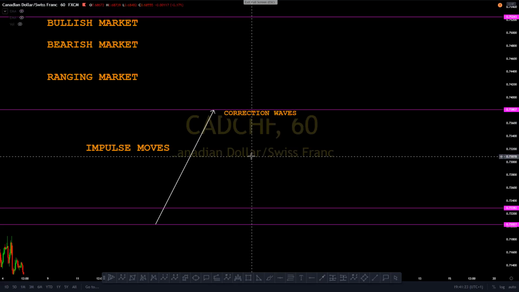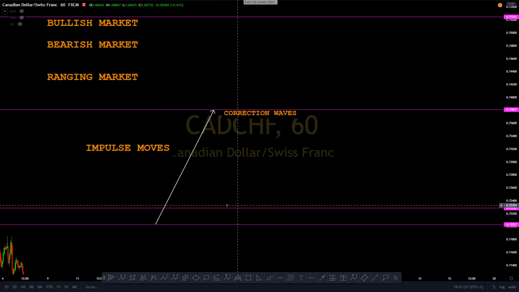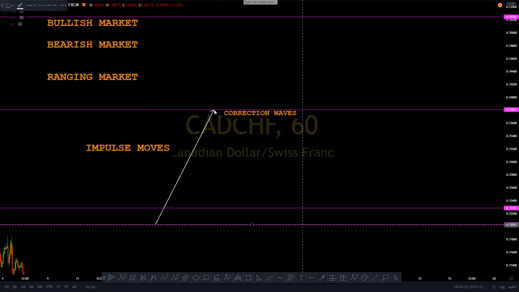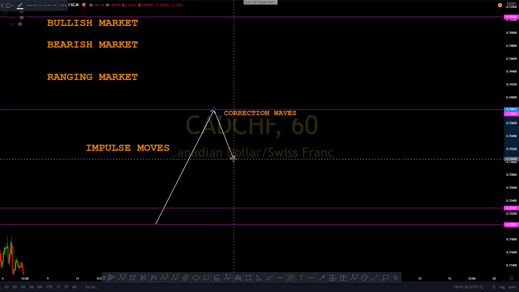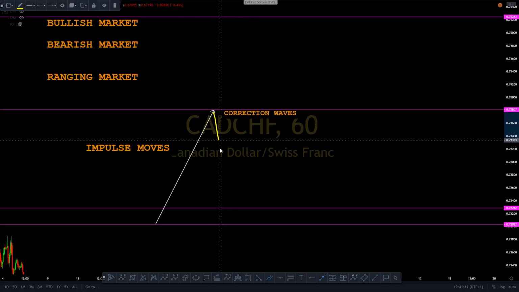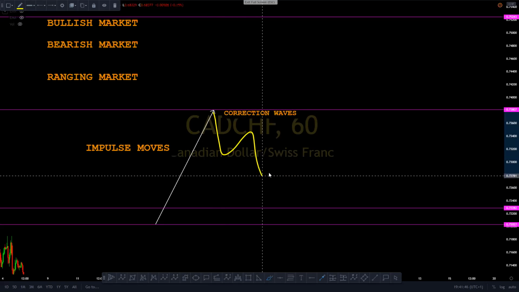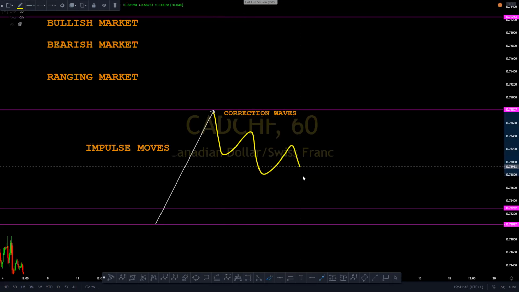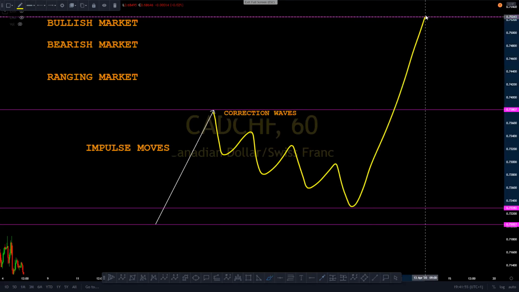Now, you wait for correction to happen. You understand? You wait for correction. It can come in any form, in a move like this, like this, like this. Then boom, up.